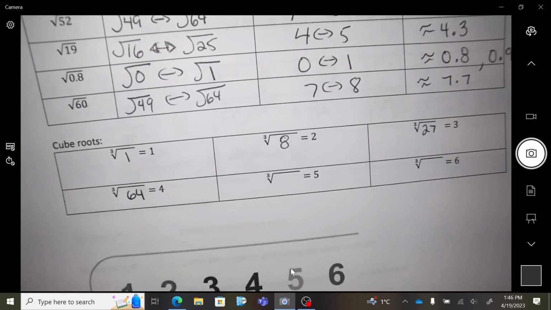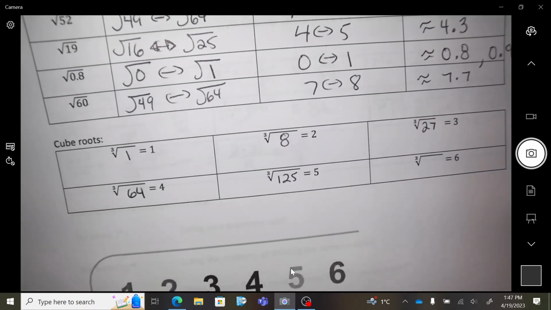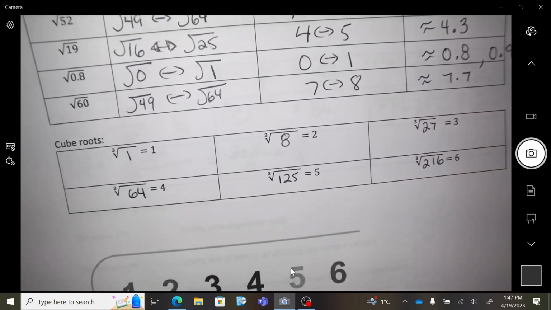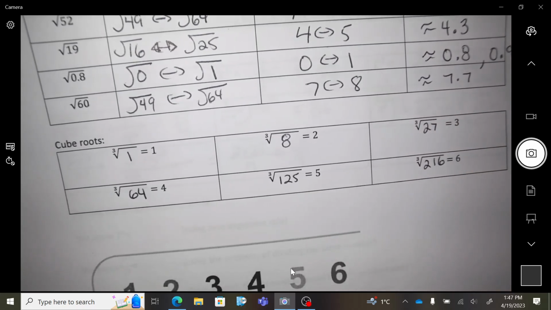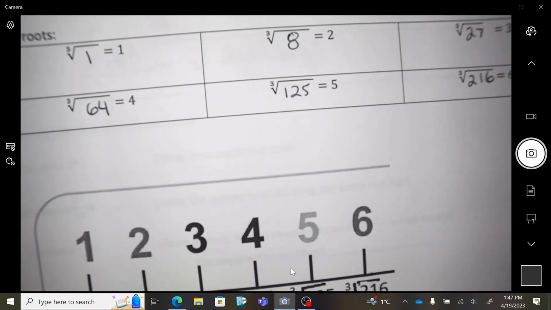And then if you have 5 quarters of money, 125. And 216. I don't expect you to have that one. And did you also notice that you could have just peeked right below and that was on your paper? I had them all written down.